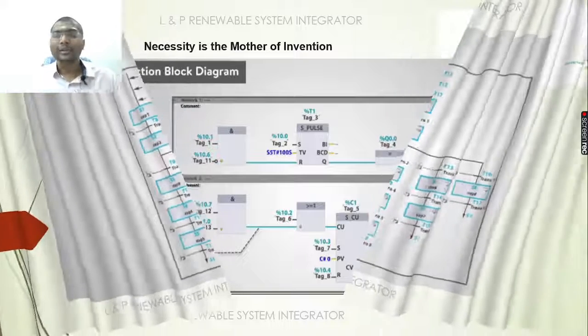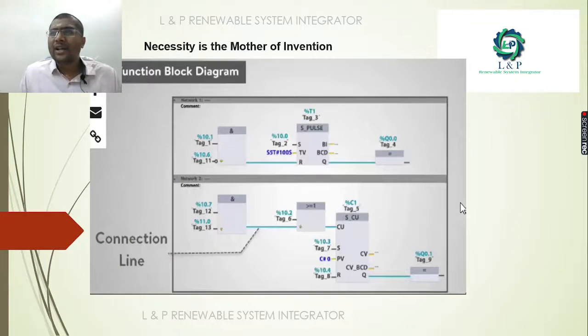Furthermore, people thought: we are using sequential function charts, so why is this ladder logic something weird? Why don't we go for something like a block diagram? So there came a new invention called the function block diagram. What is the advantage of this? With the function block diagram, we can do addressing as well as provide the tag name at the same place.